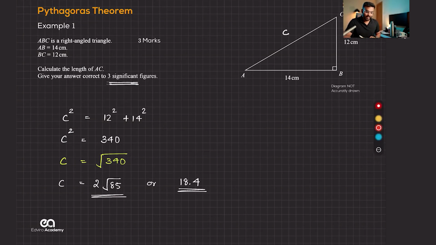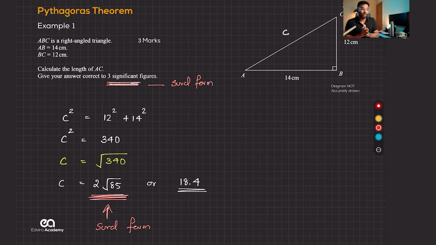Krish, very good. So listen to me, guys. If it says in the question, give your answer as an exact value, then you will leave it in the surd form. Or the question will say, give your answer in surd form. Just say yes if you understand it.